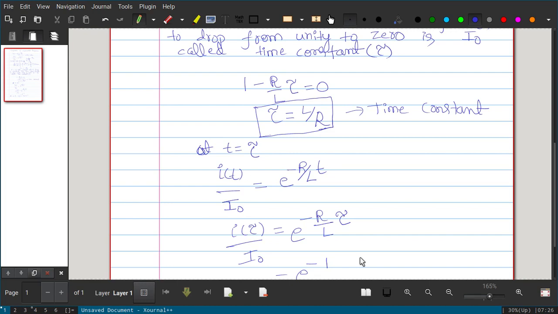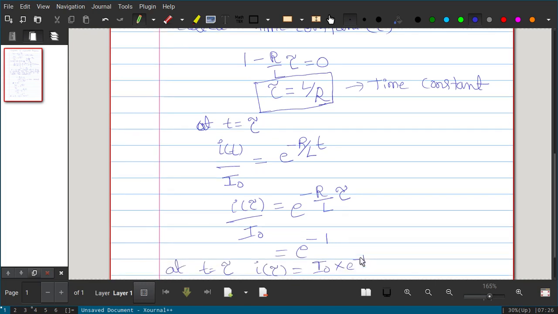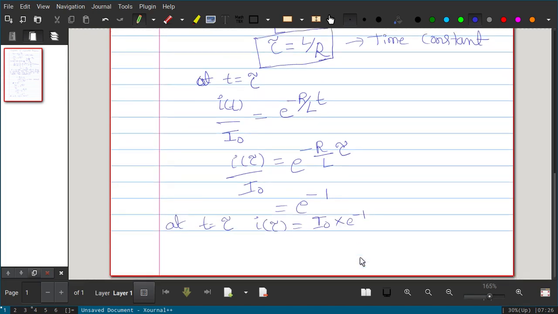So if you substitute this value in the main equation, we find that at t equal to tau, the inductor current I of tau will be I naught into e power minus 1.